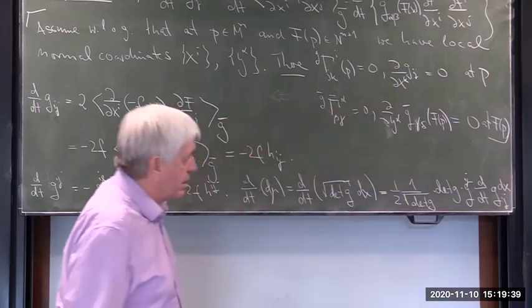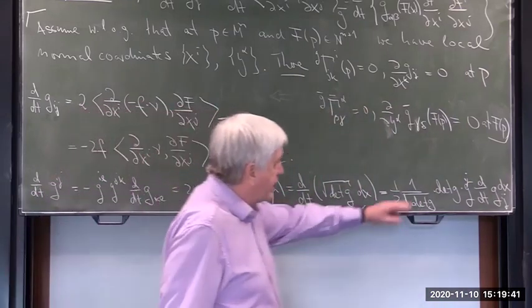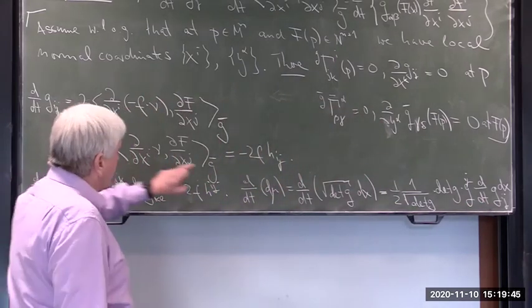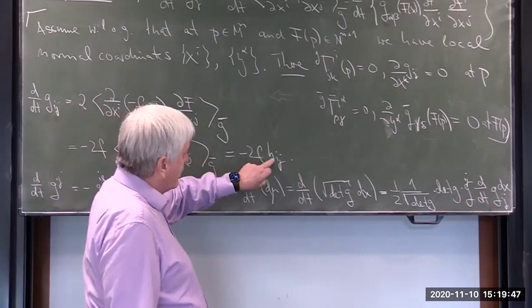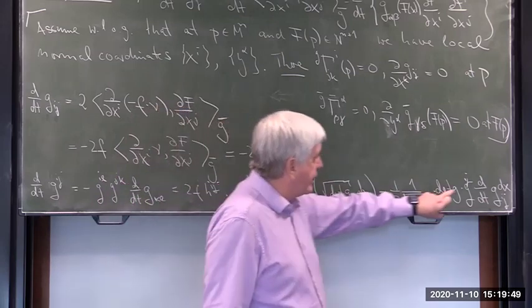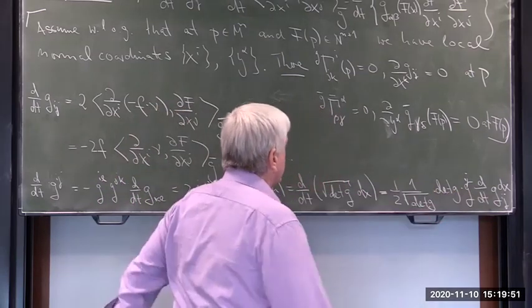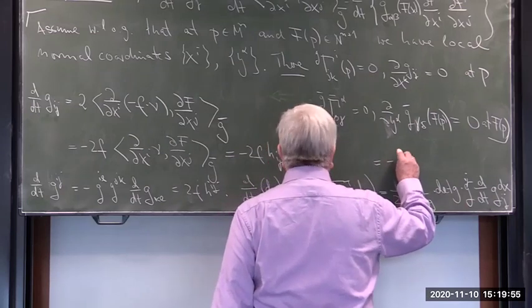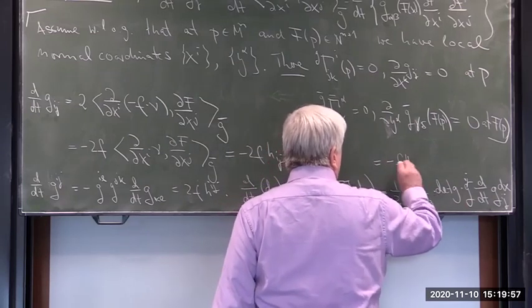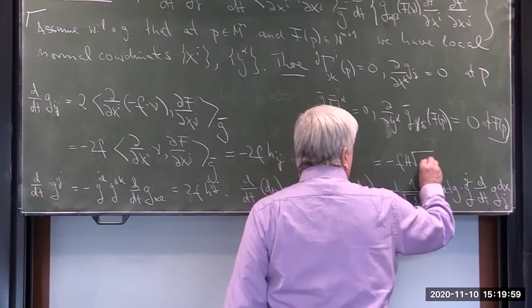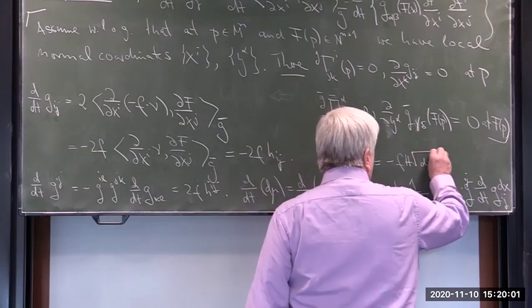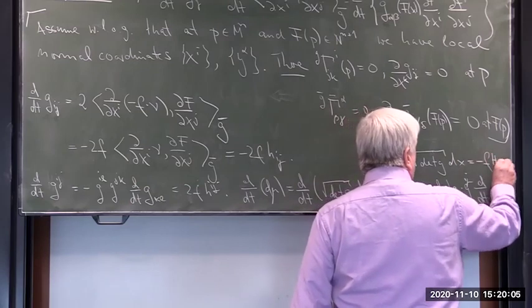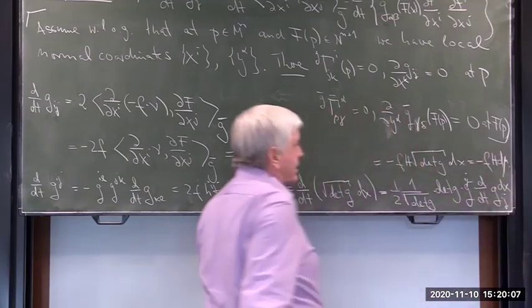Then the square root cancels, and you insert the formula for ddt gij. This means you have to take the trace of hij, and the 2's cancel, so you get minus f h times square root determinant g dx, which is minus f h as required.